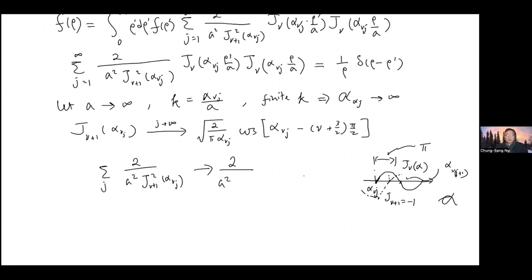So maybe this is minus 2 over pi over uj. So the square will be 2 over pi alpha uj. Right?